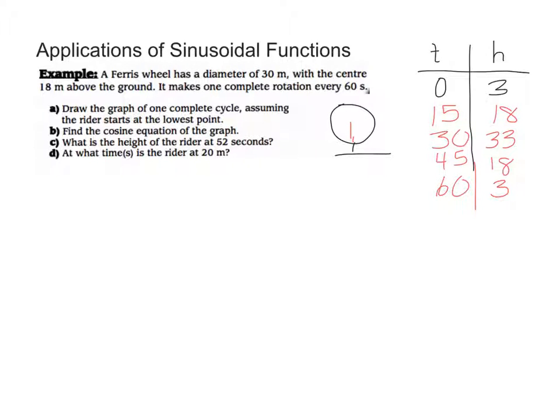If you have a table of values, then it's fairly easy to draw a graph, right? You just plot the points. So we'll do, I only need the positive quadrant, because we're not going to have negative time or negative height.